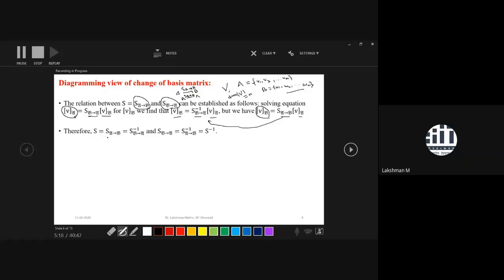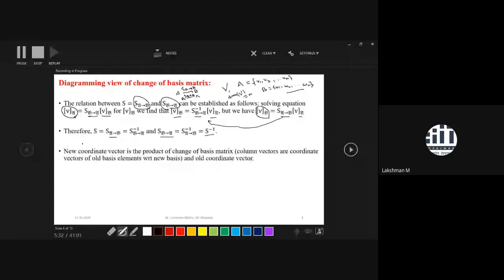The relation I had already discussed: suppose I take S as the notation for the change of basis matrix from A to B, then the change of basis matrix from B to A would be S inverse.